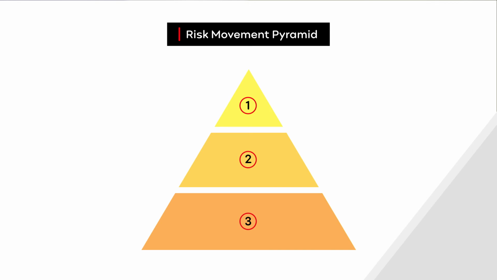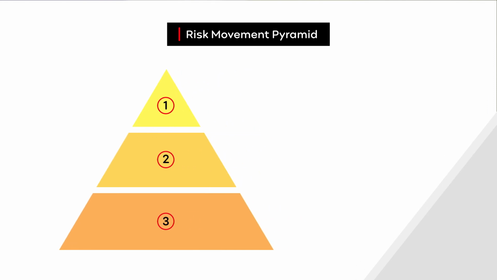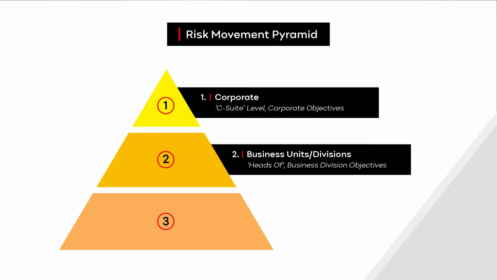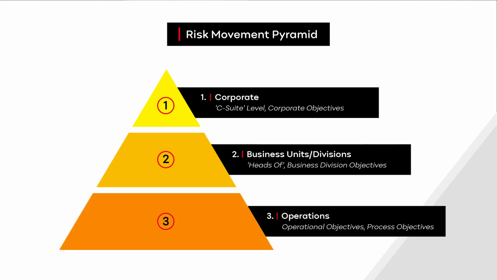What you have here is your corporate or organization hierarchy. At the top, you have your chief executive, your chief operating officer, your chief finance officer. These are your main board of directors. You can call them your C-suite. These are the people that run the organization. Then you come down to the heads of your various departments and your operations, which is where everything else happens.